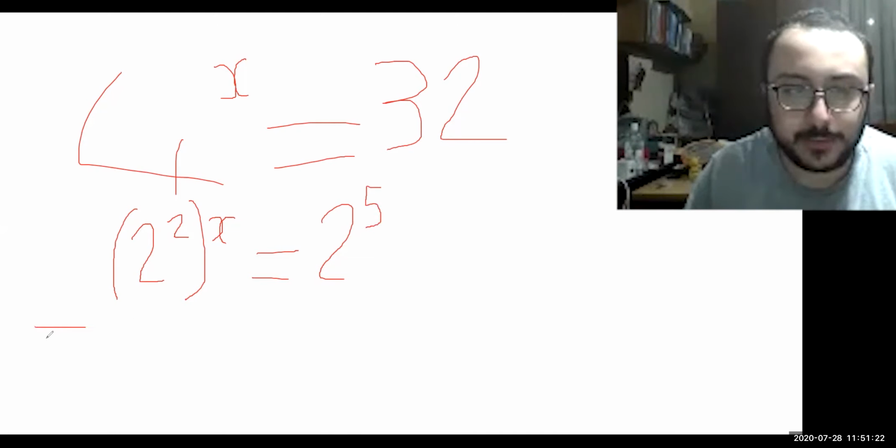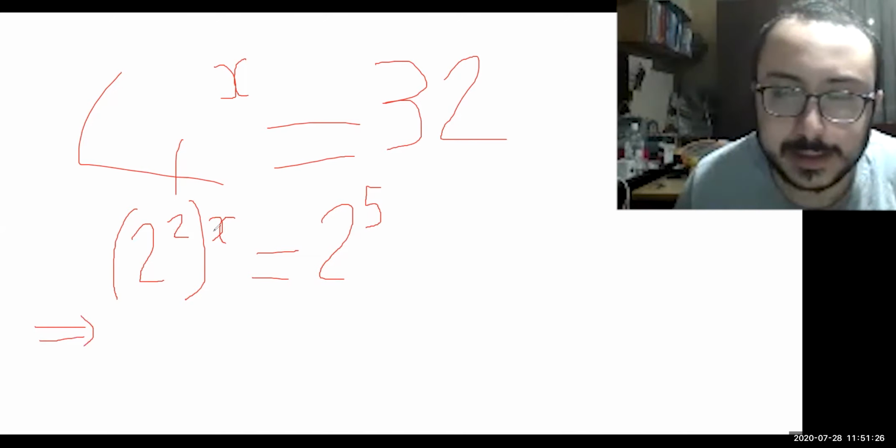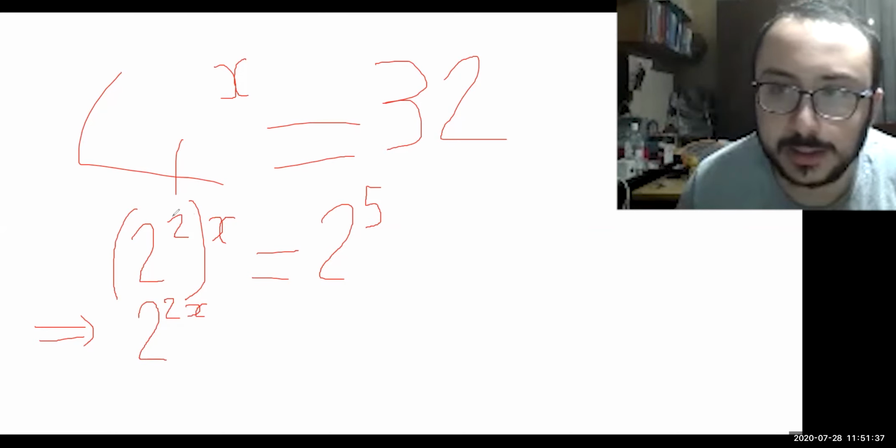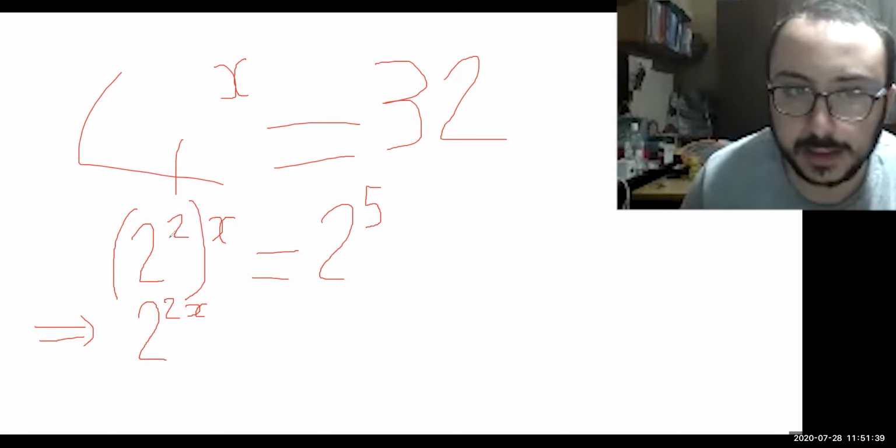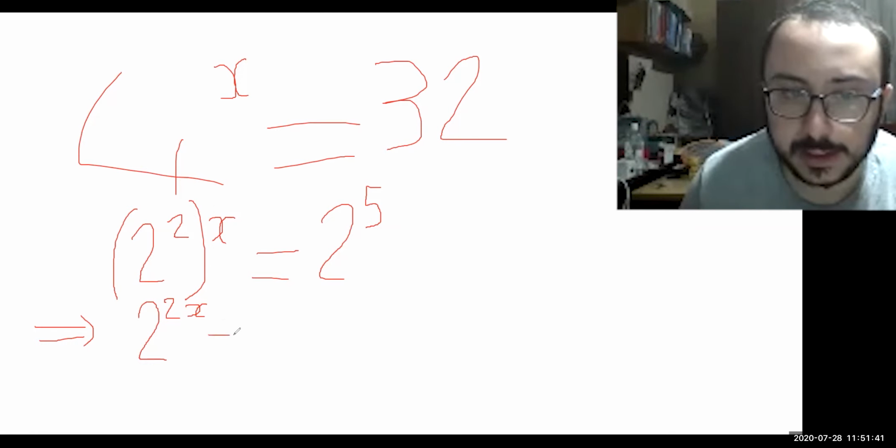So here you have 2 power 2 power x is 2 power 2x. You just remove the bracket. It means 2 power 2 times x, okay? 2 times x is 2x. So 2 power 2x equals 2 power 5.